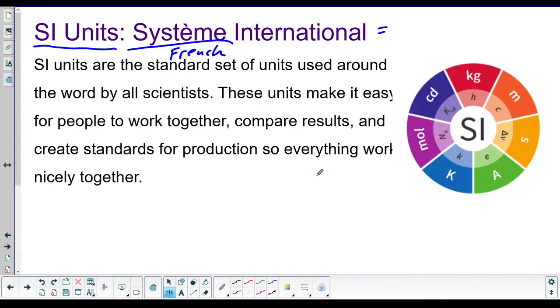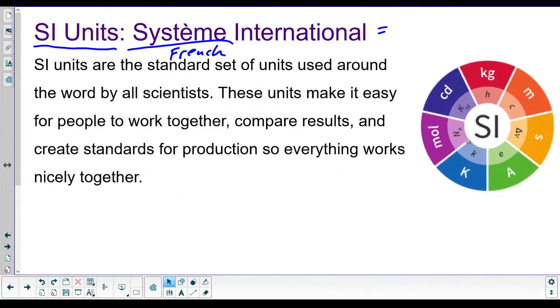So everyone around the whole world has agreed these are the tightest units that exist. So we're going to all use these units to make our life as tight as it can possibly be, right? These are the raddest units, and we want to use them because it makes it easy for people to work together.